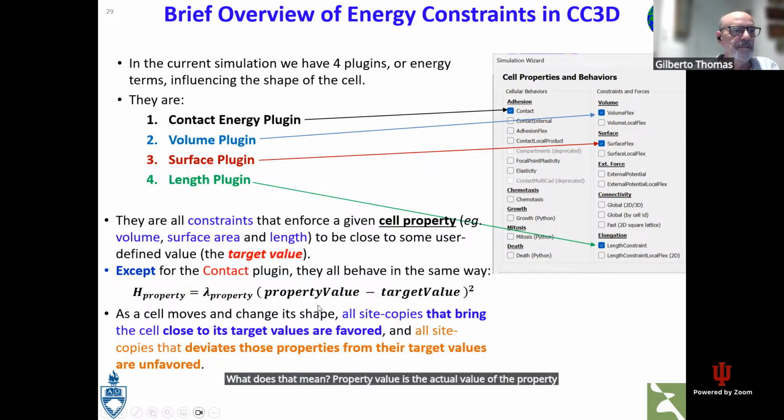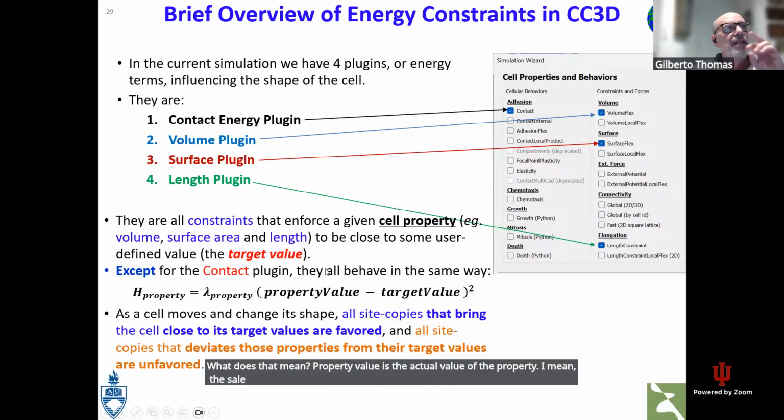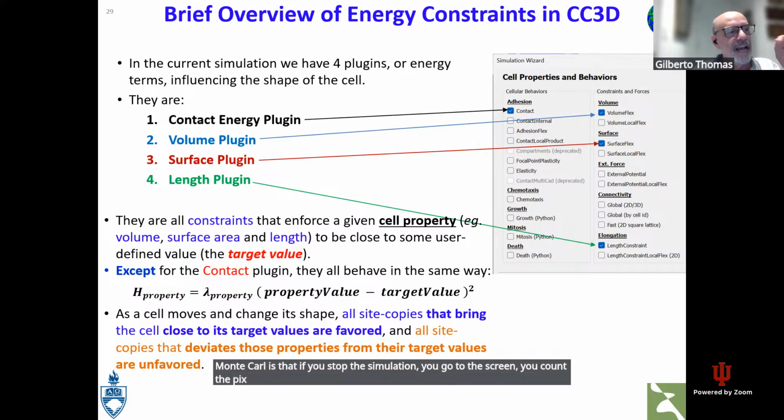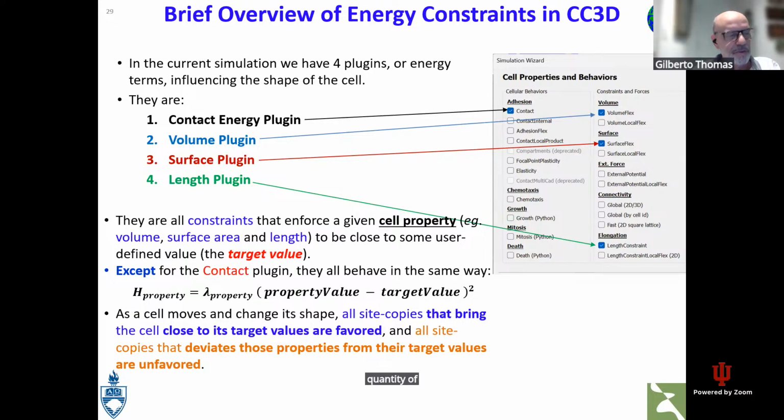I mean, the cell during the simulation in some Monte Carlo step, if you stop the simulation, you go to the screen, you count the pixels, they have that quantity of volume or surface or perimeter, whatever. This is the actual value.